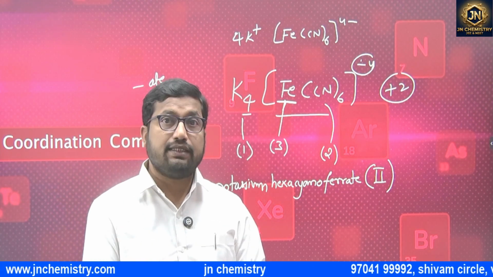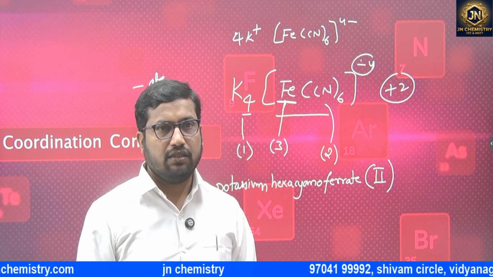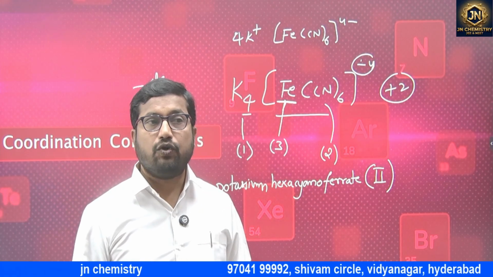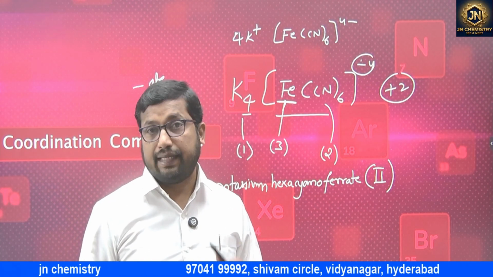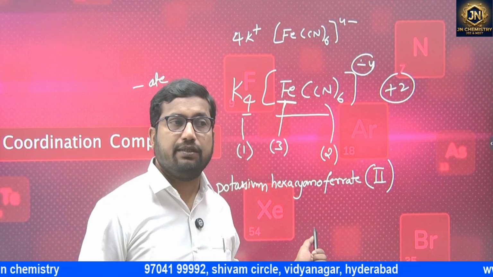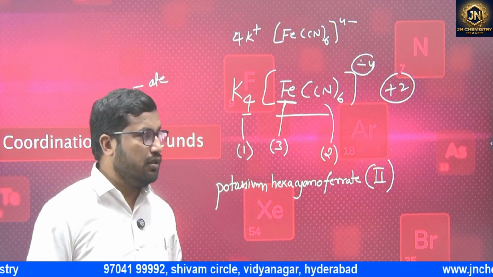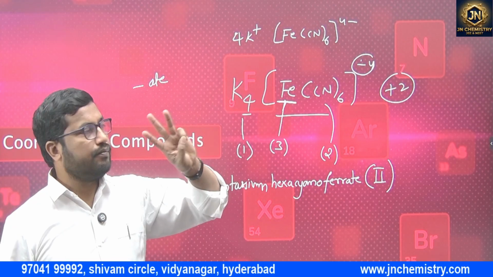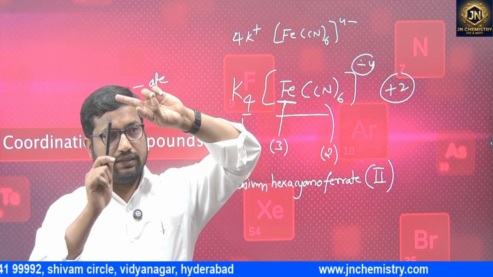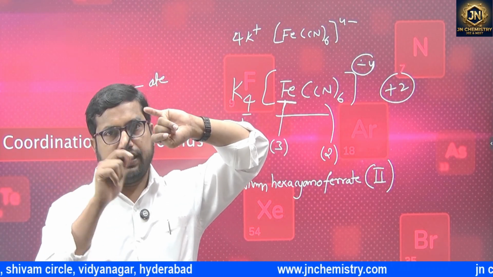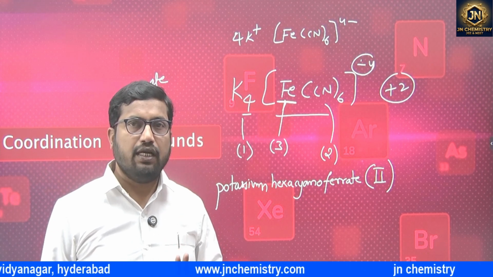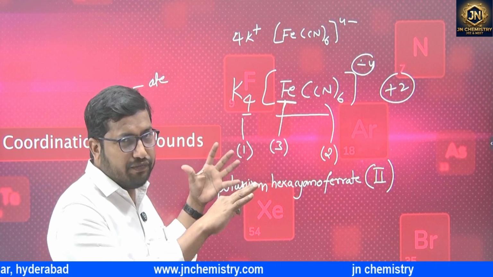VBT, valence bond theory, and crystal field theory are more important. Then isomerism. So the 4 important areas are ligands, VBT, CFT and isomerism, along with stabilities of complexes.